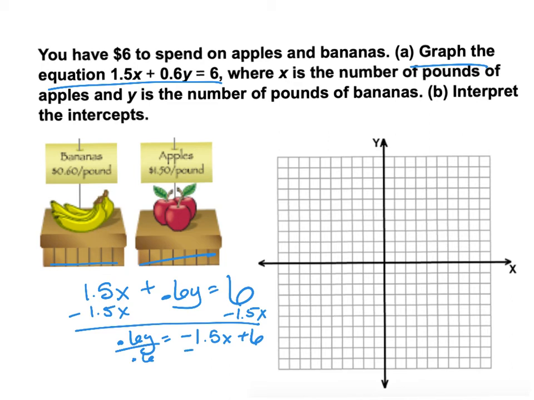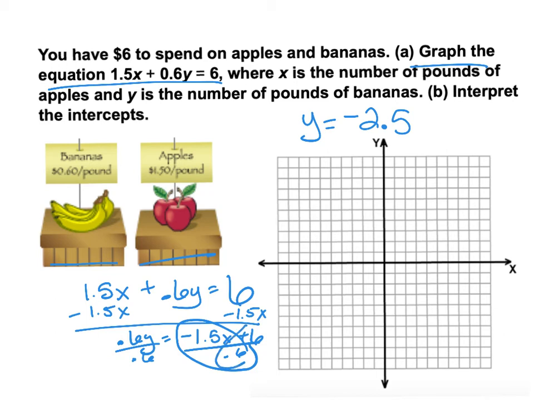Divide by 6/10. So my equation, y equals, and a negative divided by a positive is going to be a negative, so I know my slope is going to be negative. 1.5 divided by 6/10 gives me 2.5, and for now I'll leave it as a decimal.